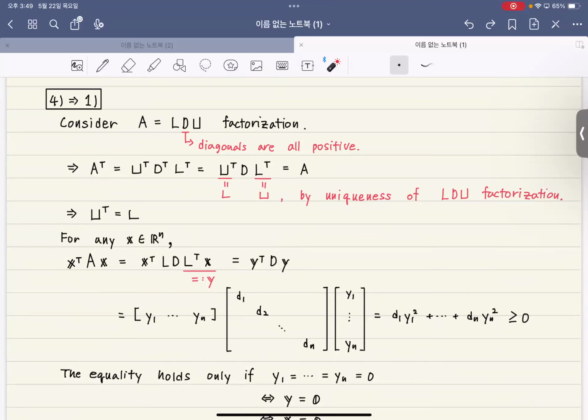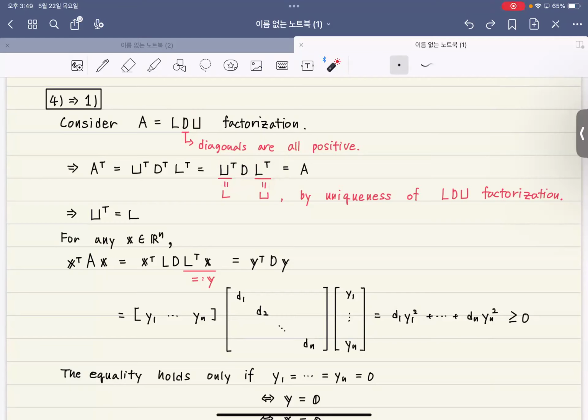And also I want you to remember that the LDU factorization is unique. So this is the LDU factorization of A transpose, and we also assumed that the LDU factorization of A was LDU. Since the LDU factorization is unique, this must be L, D is D, and U must be L transpose.